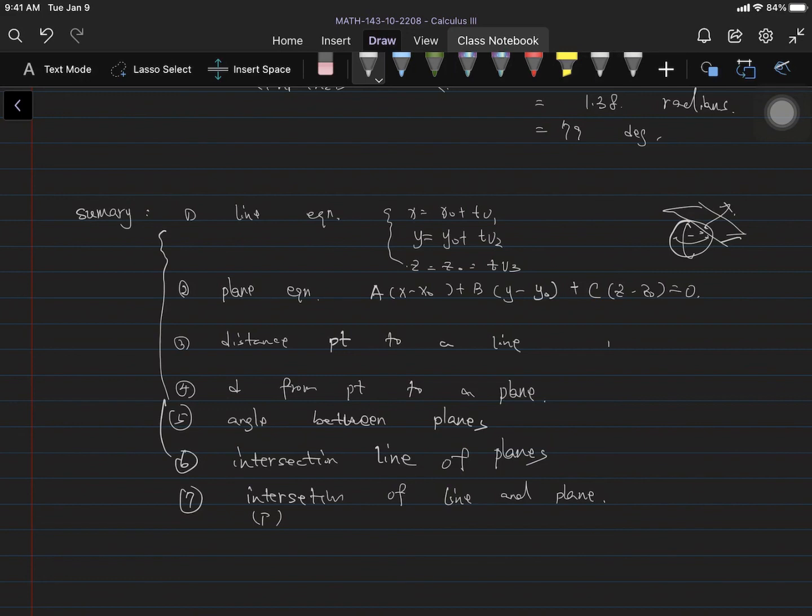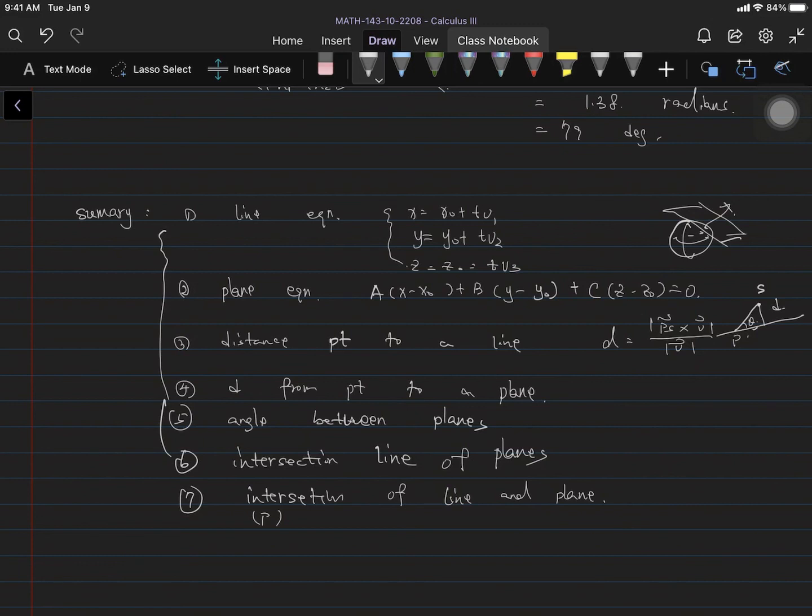So distance from the point to a line, I think is cross product. So we did PS cross the v vector, and we take the length and divide by the length of v. And if you don't remember, you can always draw the graph. So as P and the distance, here's theta. So the PS length times sine theta, right?